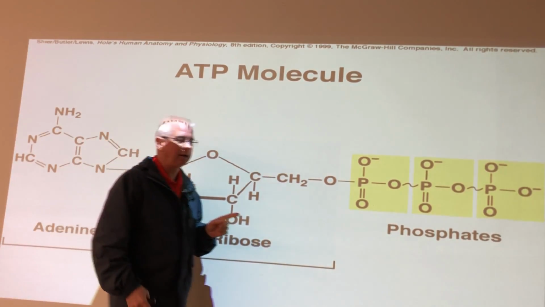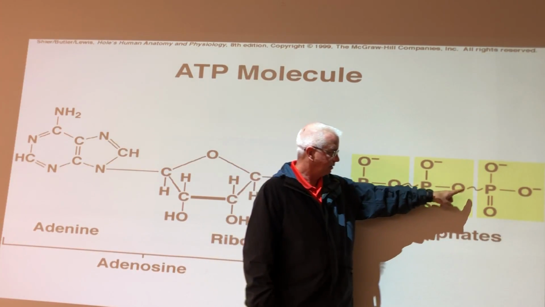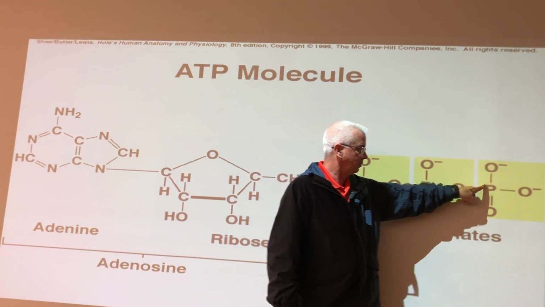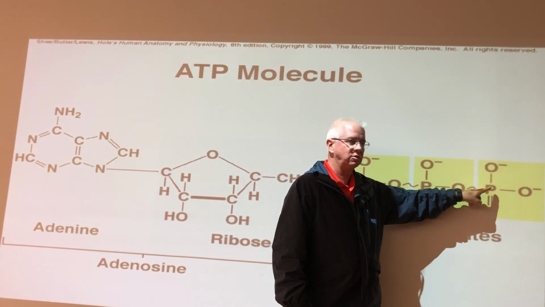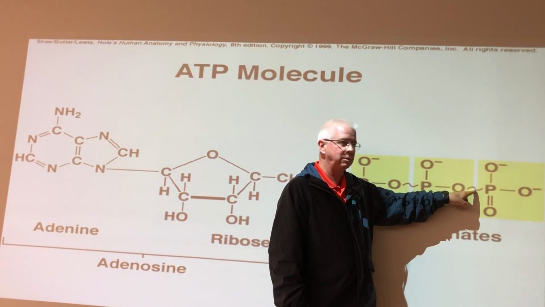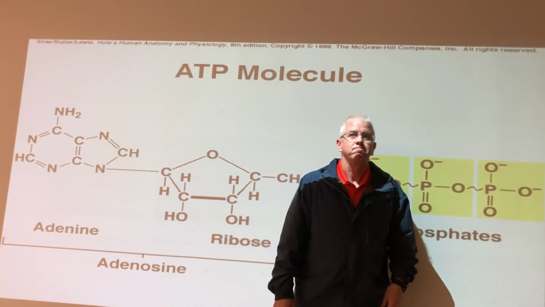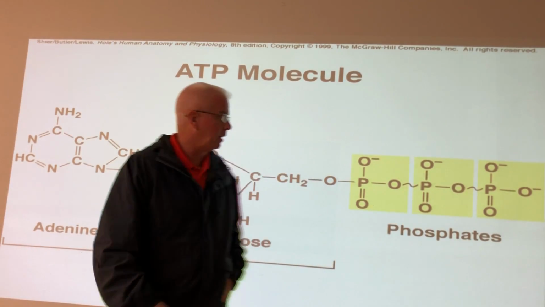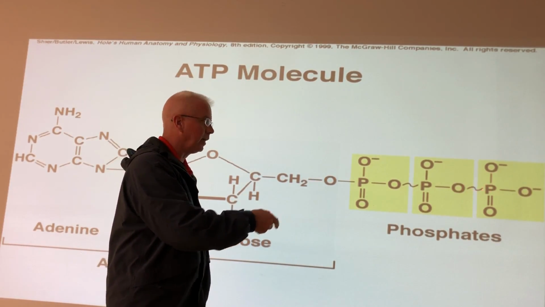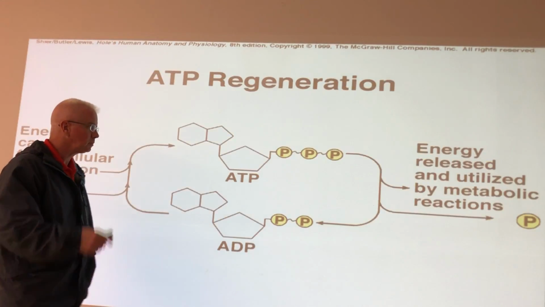Now, what we said in class last time is that bond right there. So that P and those 3 O's, that is the terminal phosphate, and that's the terminal phosphate bond. So energy is in that bond right there for life. So all the energy stuff we're talking about is really focused right here on that terminal phosphate bond. Okay.